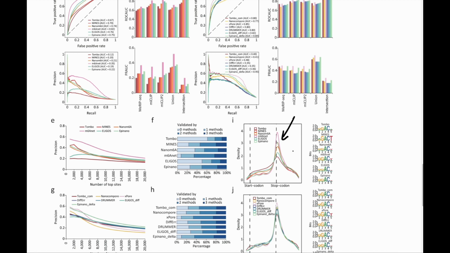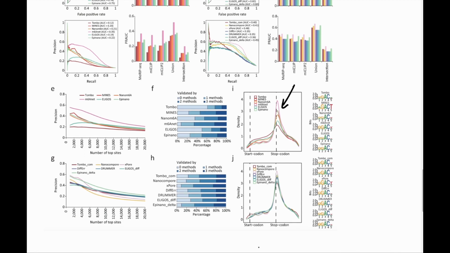It also noted the high frequency that the tools with the higher precision identified the GGACU consensus sequence, or that specific consensus motif, which also corresponds to biological presuppositions about where m6a modifications are most common.